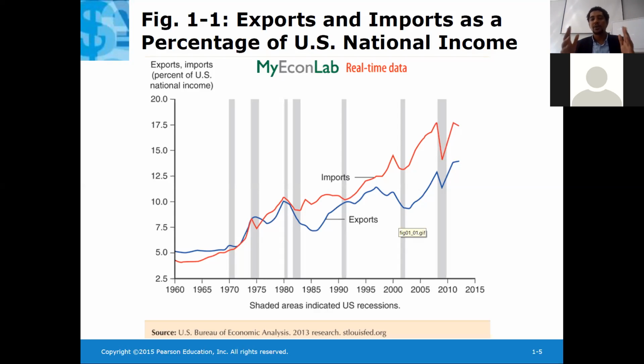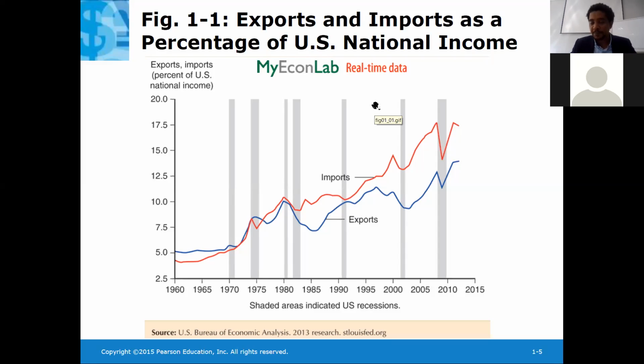But I would like to inform you that it's better when countries have almost the same amount of imports and exports, not to have a trade surplus or a trade deficit. When the export is higher than the import, we say there is a trade surplus.